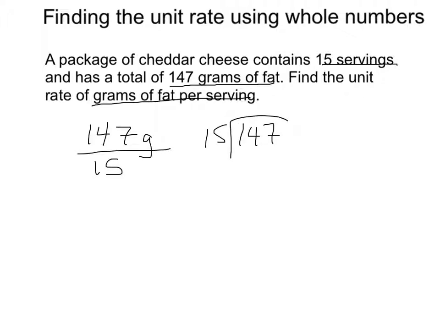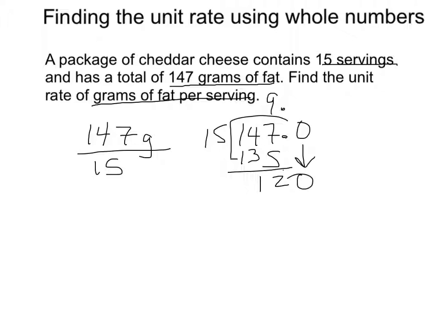Now, I know 15 times 10 would be 150, so I'm just shy of that. So I'm going to go by 9. 9 times 5 is 45, carry the 4, 9 times 1 is 9, plus 4 is 13. Subtract, 7 minus 5 is 2, 4 minus 3 is 1. Put in a decimal, drop a 0.